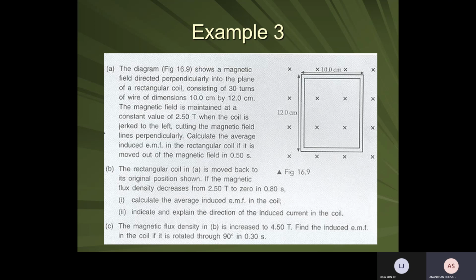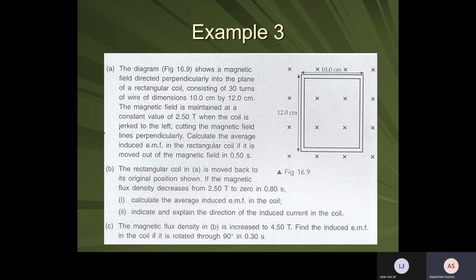Again, final flux linkage minus initial flux linkage. The final B is 0, so 0 minus NBA over the time of 0.8 seconds gives you the EMF. Same idea: change in flux over time is your EMF, final flux minus initial flux.